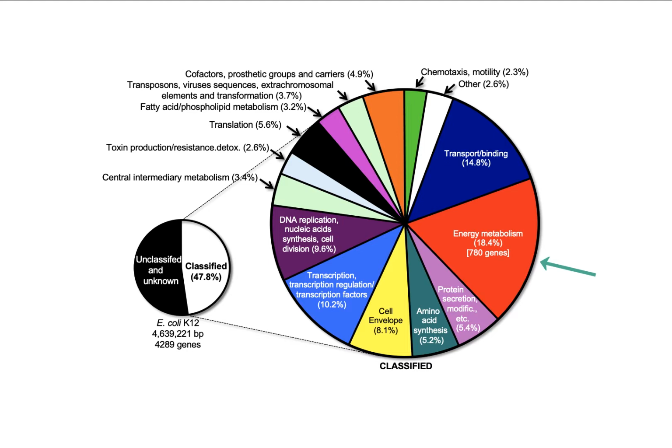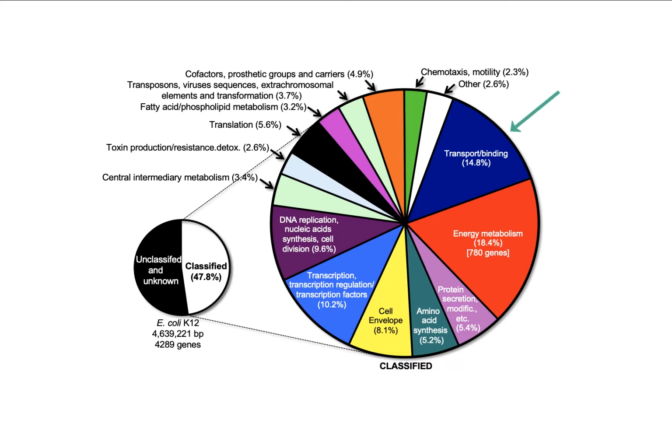That would be glycolysis, the TCA cycle, ATP synthesis, etc. About 780 genes are involved in making the proteins, the enzymes for that. About 10% for DNA replication and nucleic acid synthesis, about 10% for transcription, and then about 10% for translation, also both in translation and amino acid synthesis.